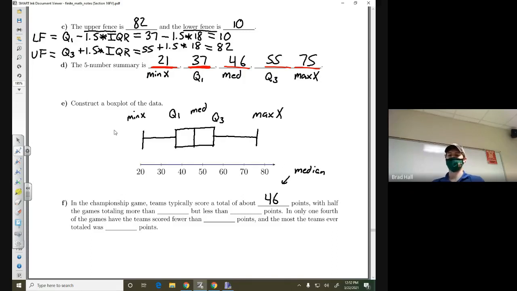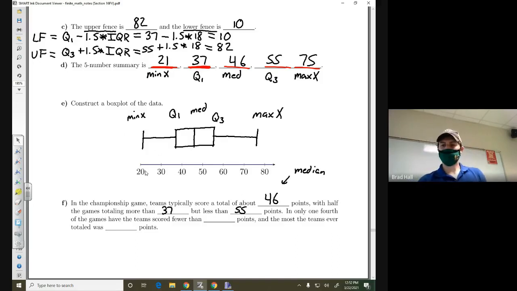So what about those two blanks? Yeah, this one's going to be the first quartile and the third quartile. There's a reason why I'll explain momentarily. So more than the first quartile and less than the third quartile.